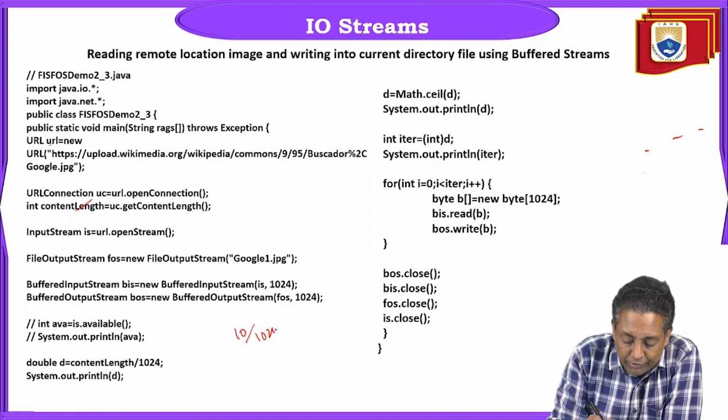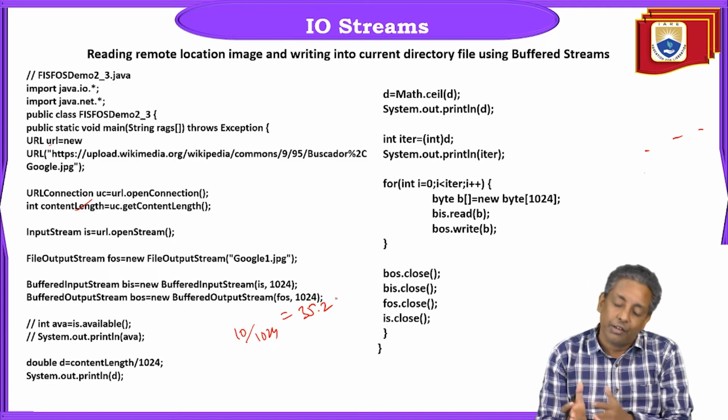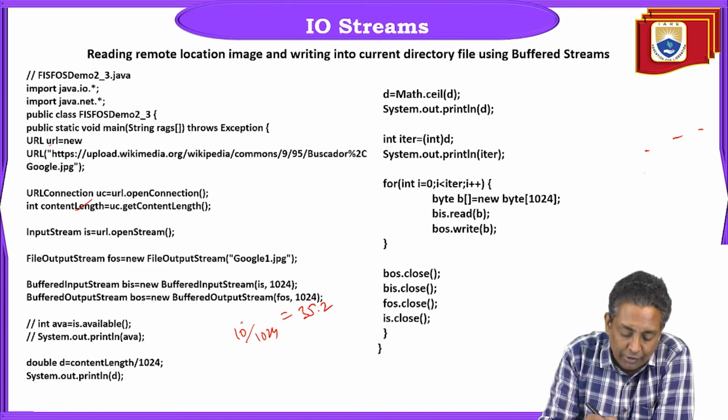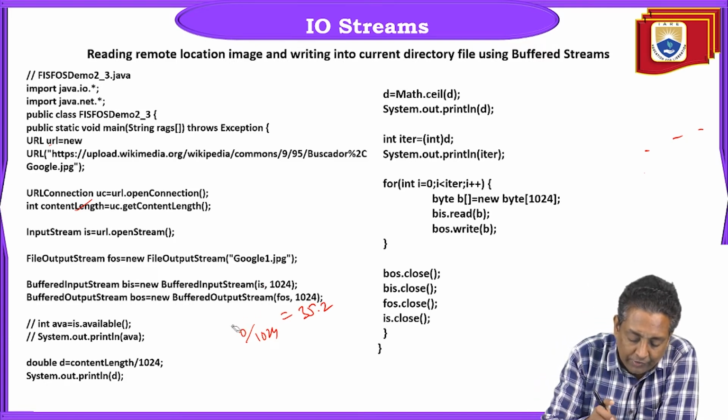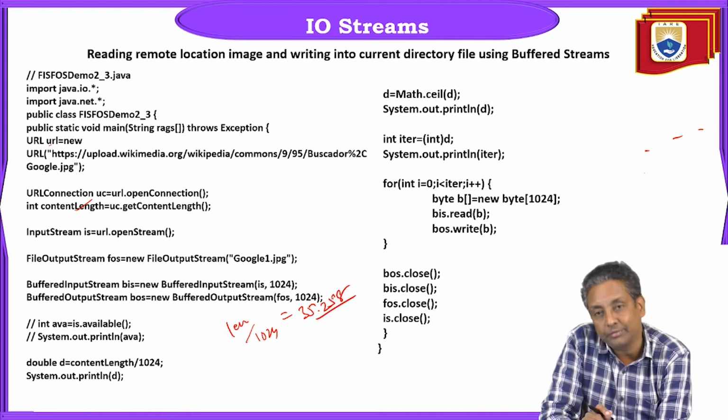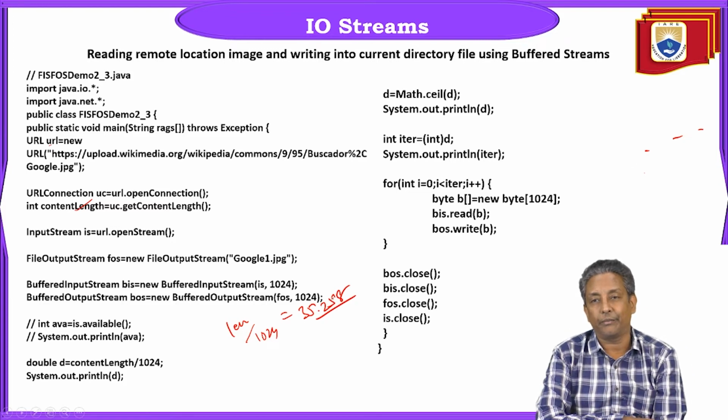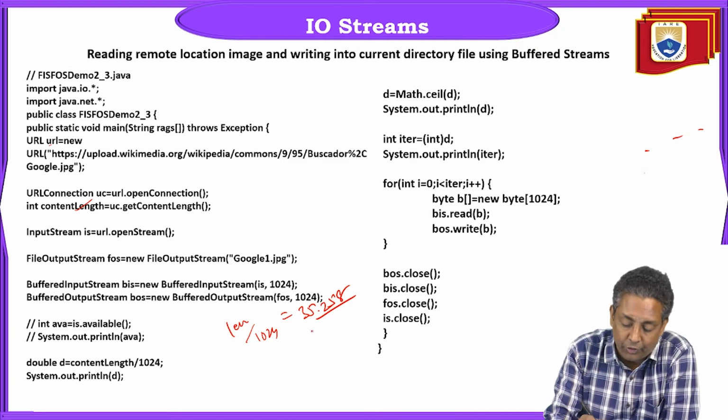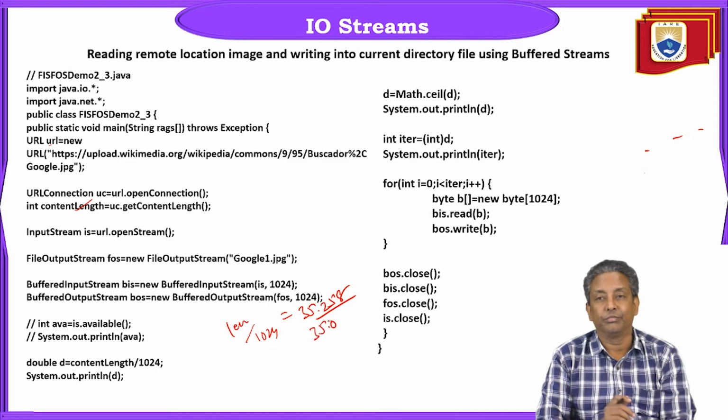divided by 1024, if you write that, you will get the exact size, 35 point something. It's not exactly 35, but I am assuming that if you divide the length by 1024, you will get something like 35.258. Or maybe 35, we don't know. If it is 35, it would be 35.0.